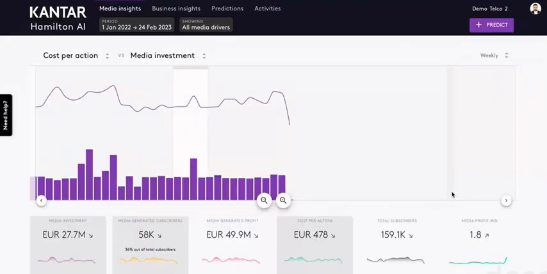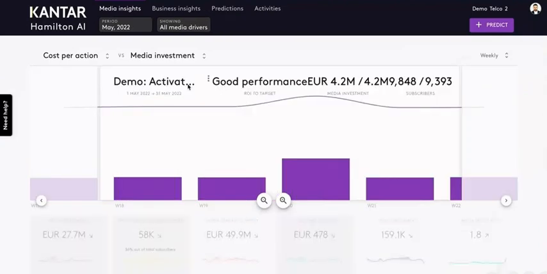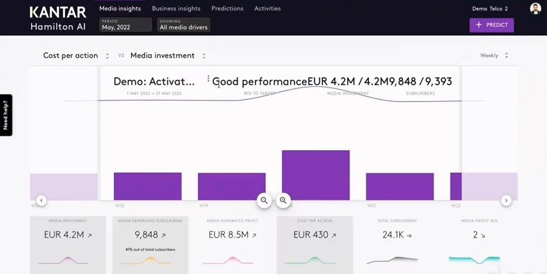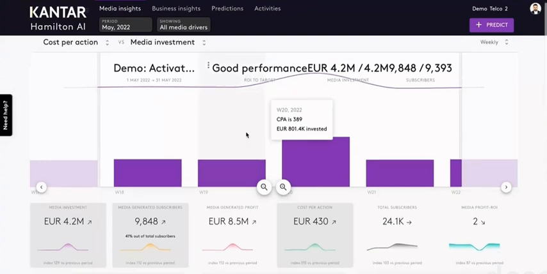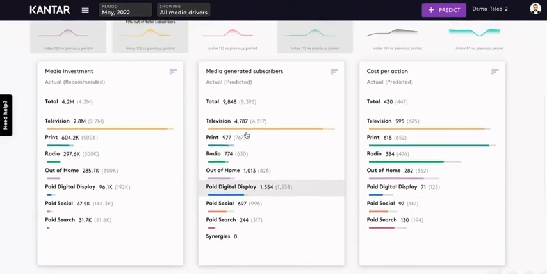Lastly, is the ability to go in and assess in-flight campaigns. Going back to the media insights, we are able to look at, for instance, a campaign here, which we can see if we click on it, it is assessed where it says, well, this is a good performance. And if we scroll down, we are able to see how this campaign is benchmarked against what the recommendation of the platform would be.